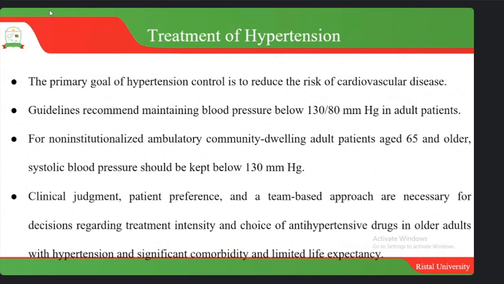So with hypertension and significant comorbidity and limited life expectancy, we really need to consider that the patient has to make a choice, and also the relatives or caretaker, so that they can give support, especially in relation to adherence. So I think we are stopping here, then we shall continue tomorrow in the 16th slide.